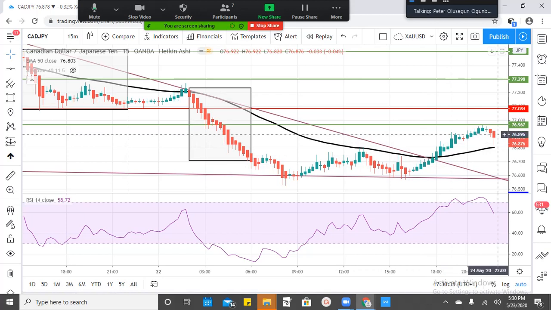The price can still make it up, though it's selling on the 15 minutes chart. You can still get there. You can still get to that line on the 15 minutes chart.